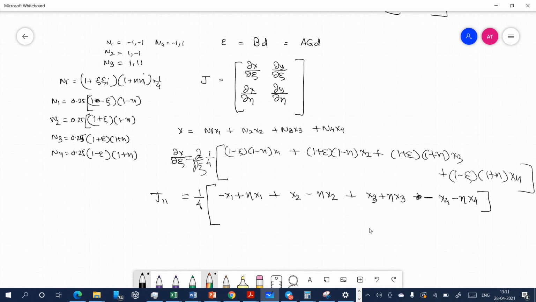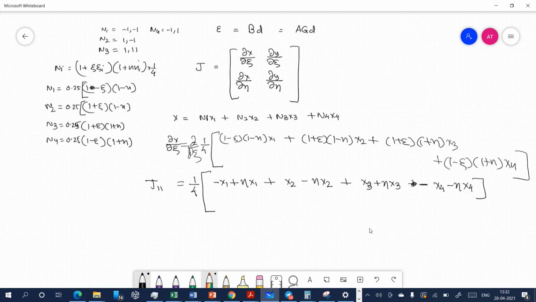Okay, I know the values of eta and zeta, and I also know the values of x1, x2, x3 and x4. So we can actually really solve it here, but let us not do it.